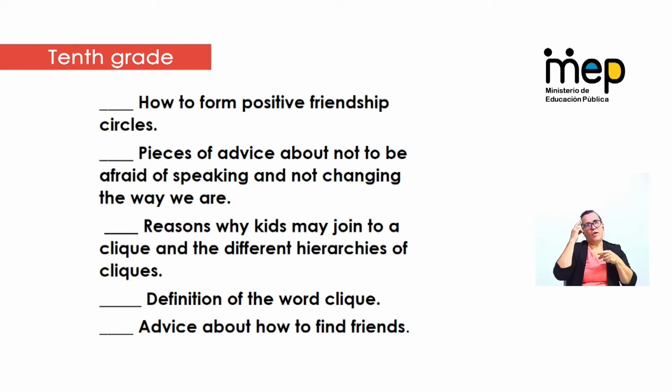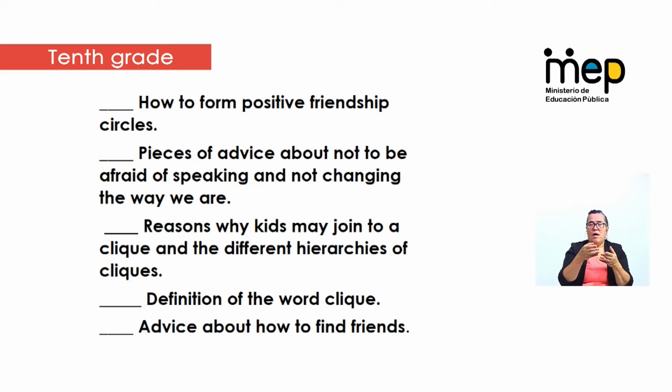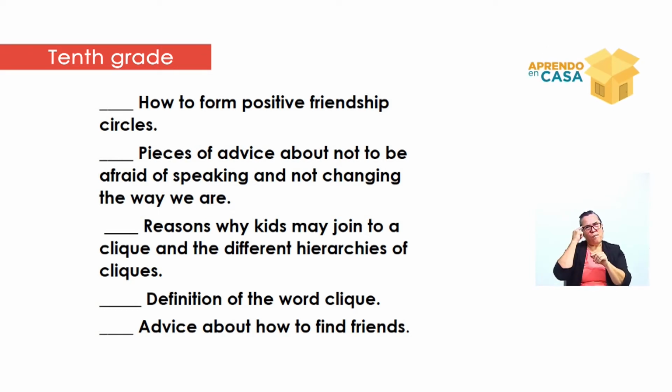Reasons why kids may join a clique and the different hierarchies of cliques. Definition of the word clique, and advice about how to find friends. Excellent. Think about the reading and let's try to organize the sentences. Think about that.